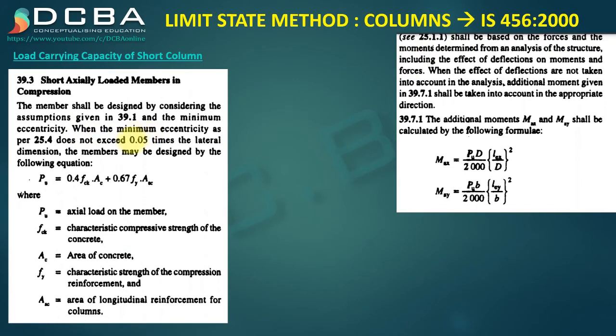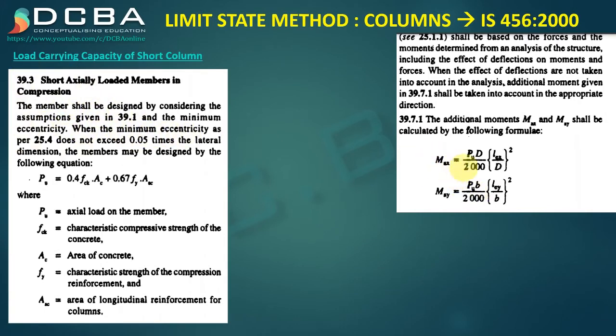Now something extra is given here about the minimum eccentricity. We shall understand it by clause 39.7.1: the additional moments Max and May shall be calculated by the following formula. This actually does not come under short axially loaded members, but I am showing you by this formula how the next statement of our clause comes.